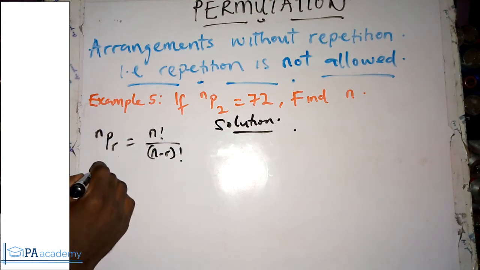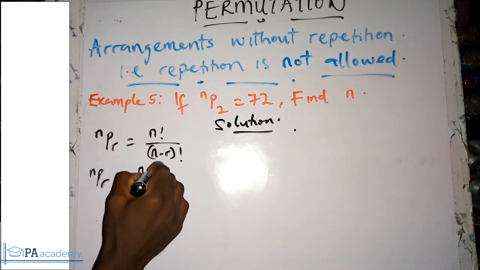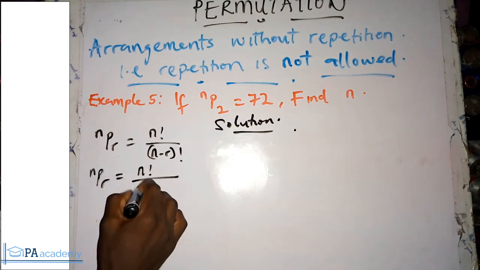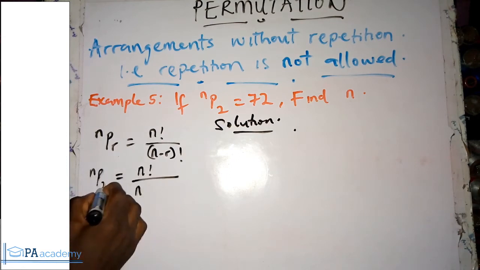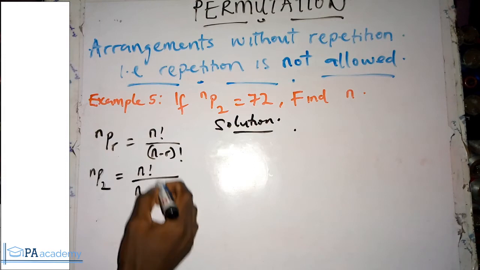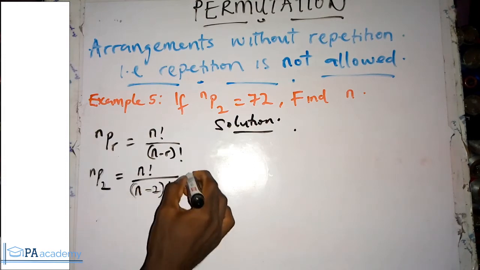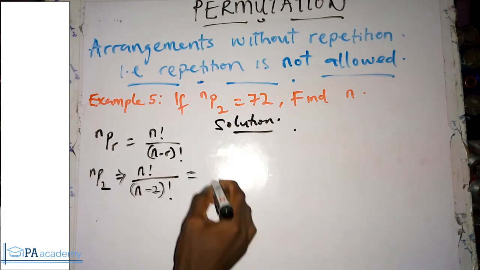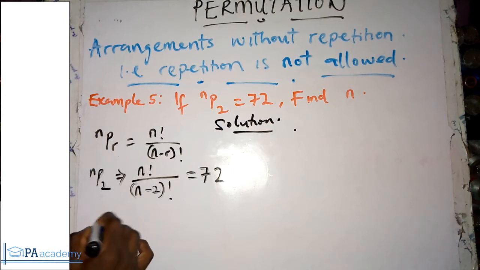So nPr equals n factorial over n minus r factorial. Our r here is 2, so that's n factorial over n minus 2 factorial, equals 72.